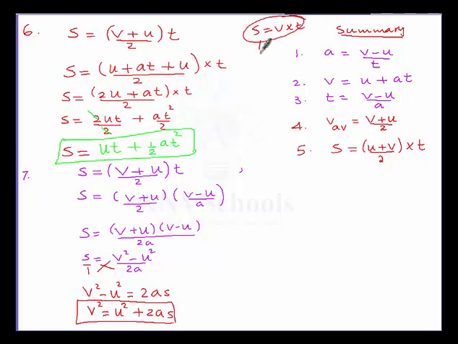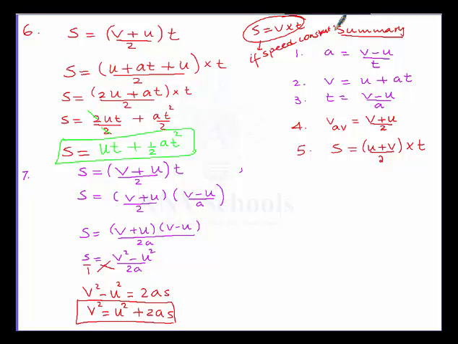This is if the speed is constant, or if the motion is uniform motion. But for non-uniform motion, we have two kinds of speeds. Then the total distance will be the average of these two speeds multiplied by time.